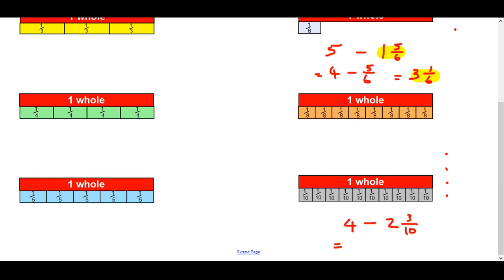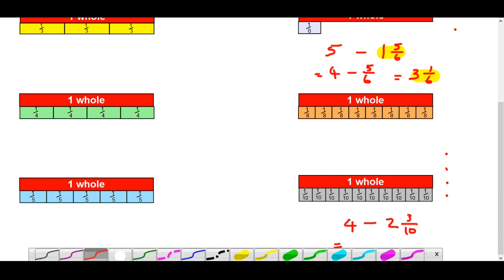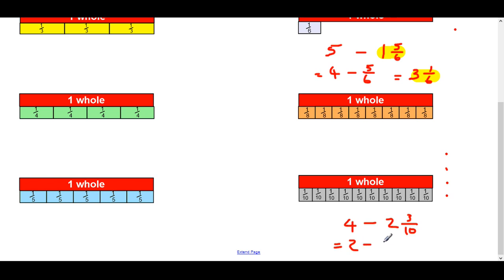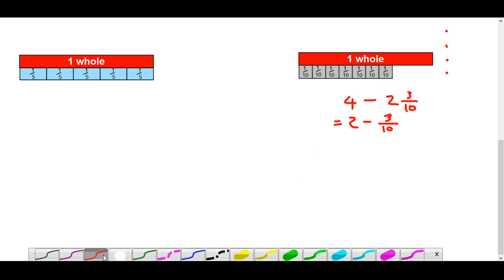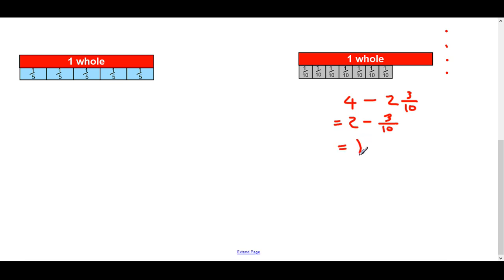Okay, so basically at that point, you're down to 2 take away 3/10. You can just do the 4 take away 2 if you want to. Now, if I take away 3/10 from here, 1, 2, 3, you can see that we're down to a final answer of 1 whole and 7/10. And that's the idea with pictures.